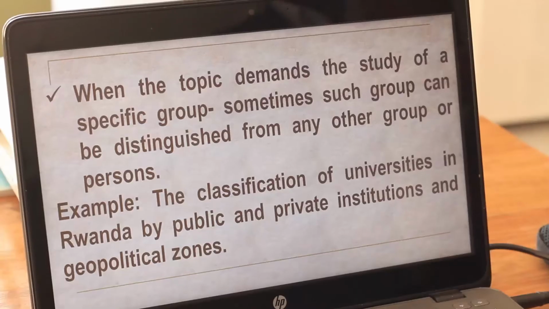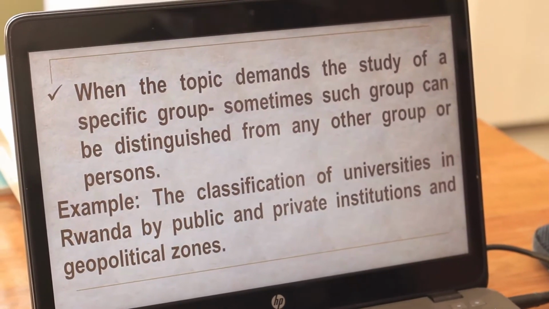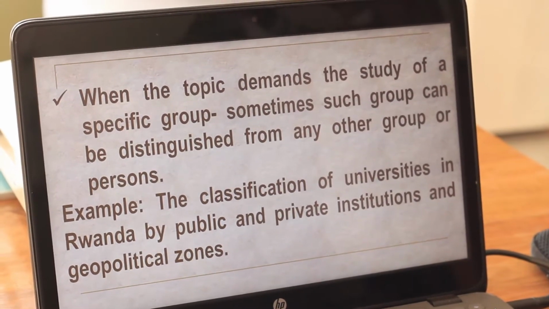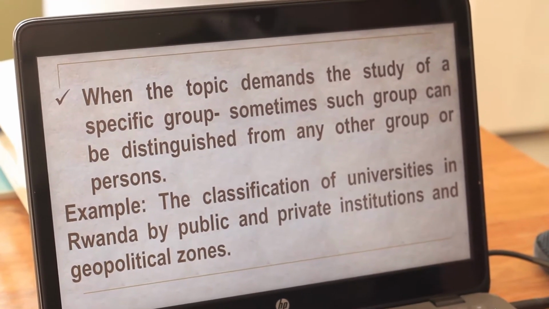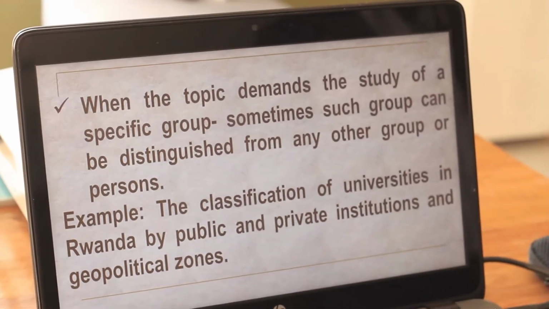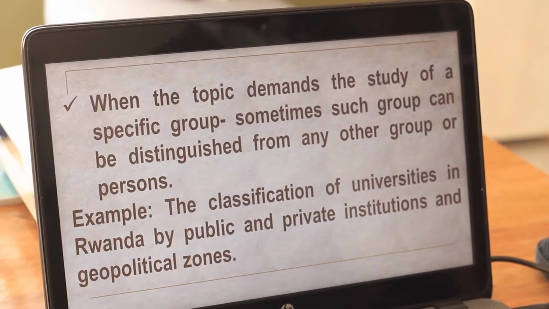When the topic demands the study of a specific group, sometimes such group can be distinguished from any other group or persons. Like a specific group, like a group of persons with disabilities.